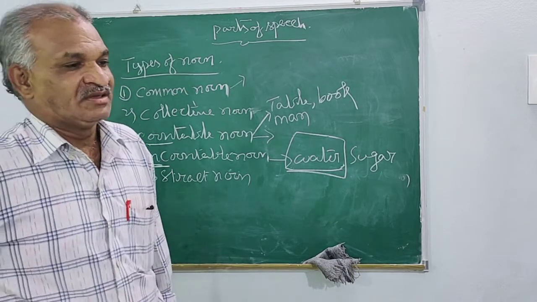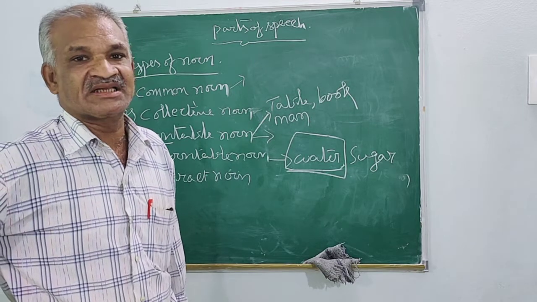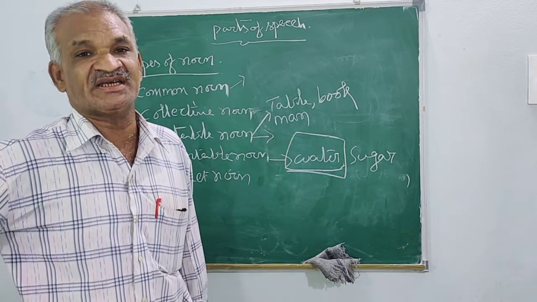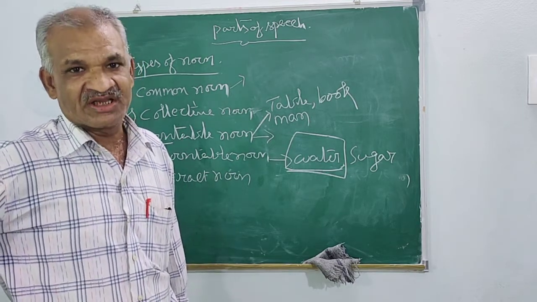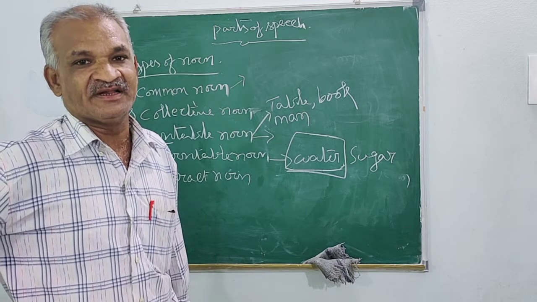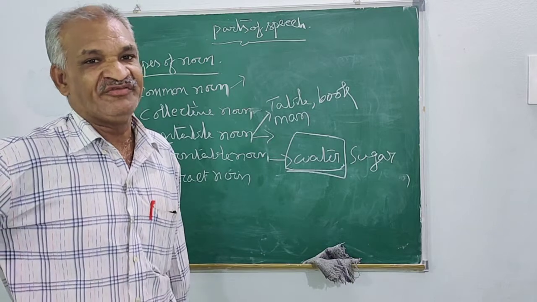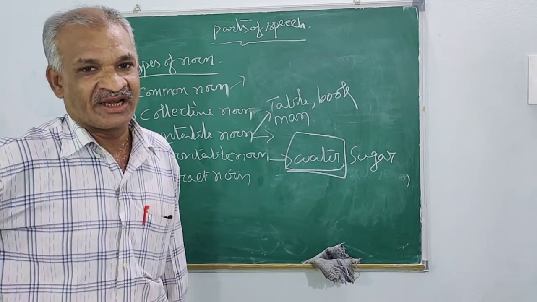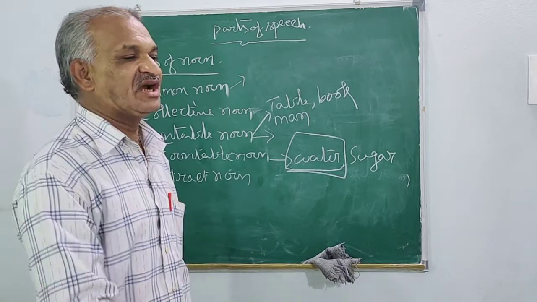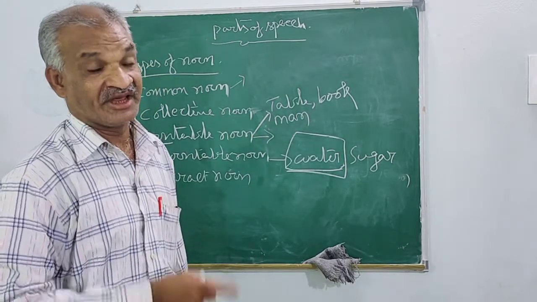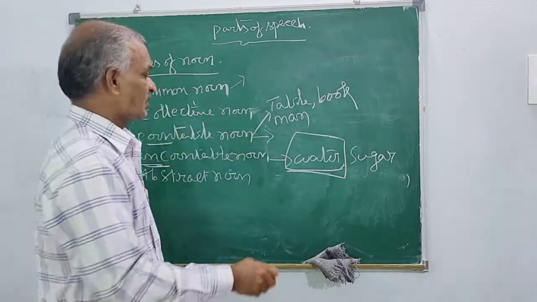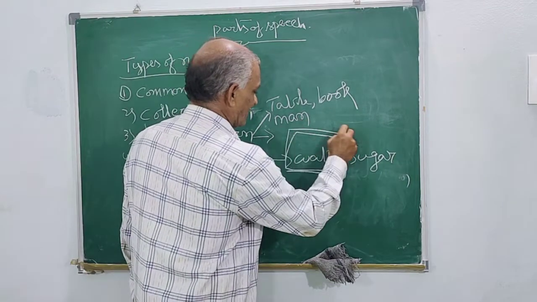Suppose some lakhs and some crores of years are required to count the drops of water in the ocean. Is it possible? No. Even if you go to Rushikonda beach of Visakhapatnam, you cannot count the drops in the water, because water is always uncountable. It cannot be counted.